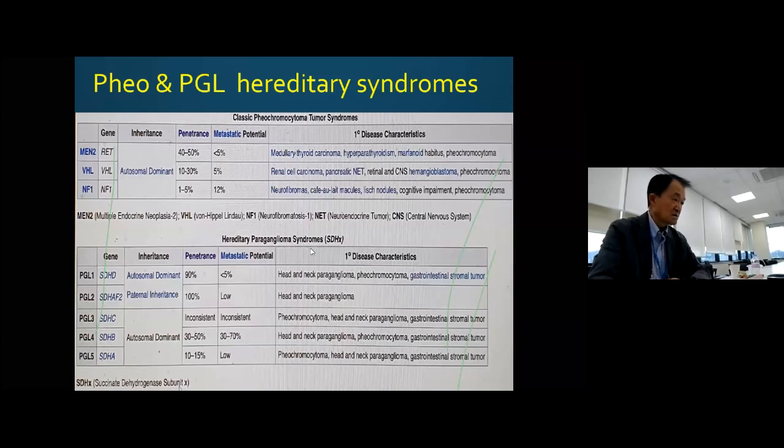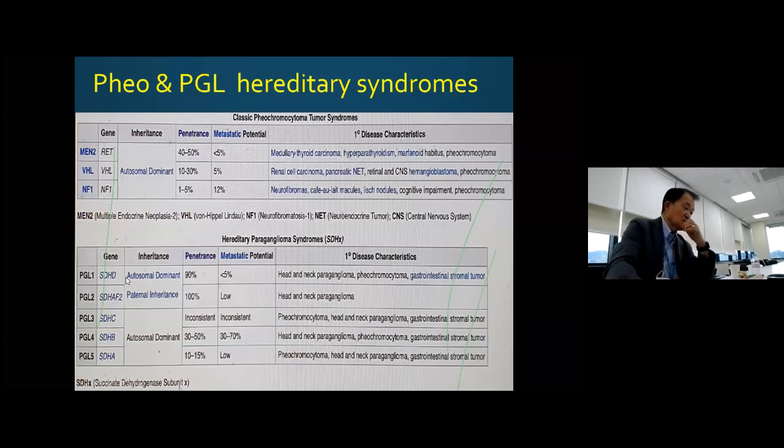It's common genes, SDHx, this gene. Usually head and neck is the most popular, most common paraganglioma. And certainly the pheochromocytoma is around the adrenal, abdomen, intestine, things like that.